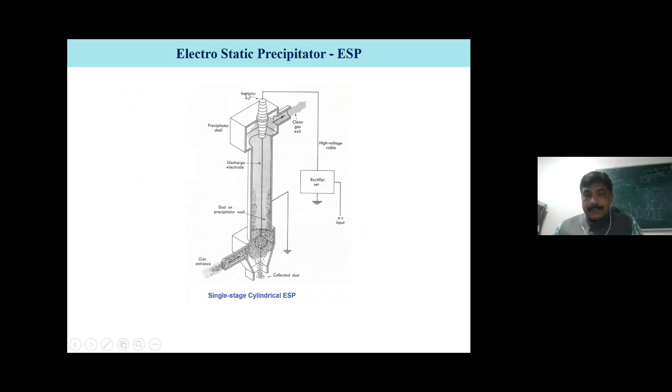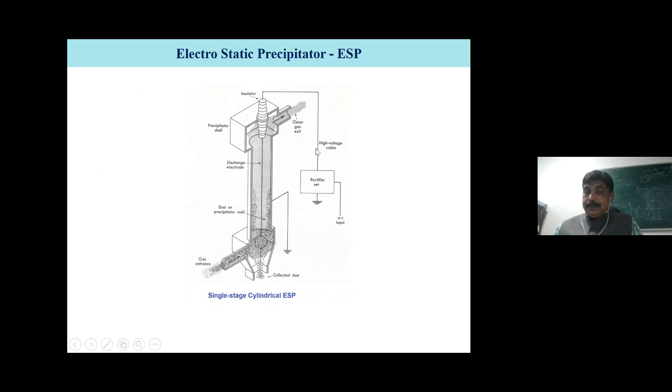Now, see here it is written insulator. Why insulator? Because this wire does not touch any part of this structure. It is totally insulated. Now, this wire is connected to a transformer rectifier set, the TR set.